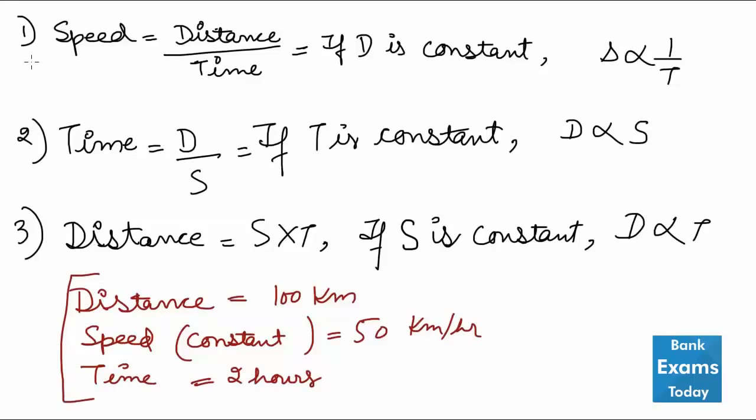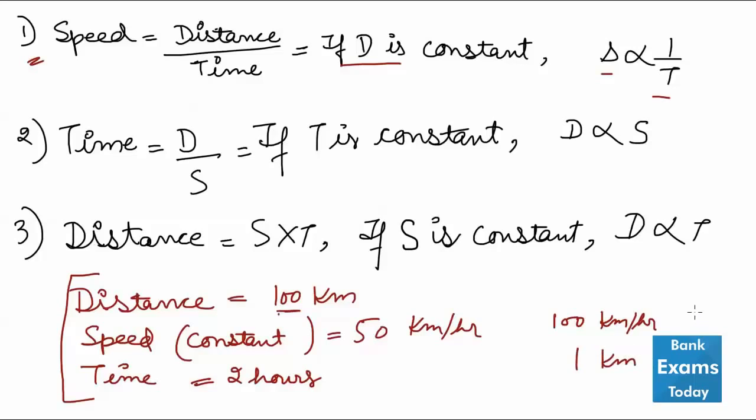So let's come to the first derivation. If the distance is constant, the speed is inversely proportionate to the time. If the distance is 100 kilometers and let's assume the speed increases to 100 kilometers per hour, then obviously the distance can be covered in 1 hour.